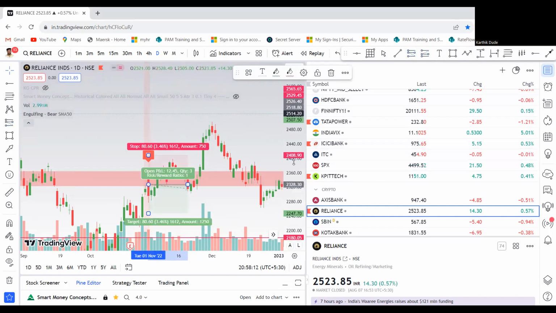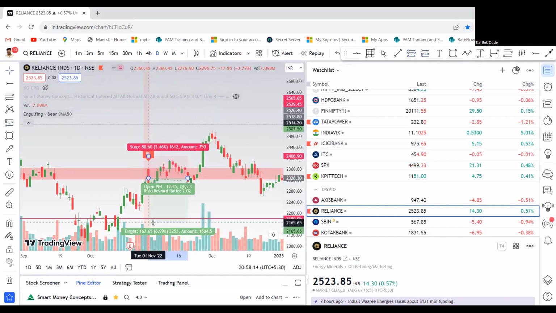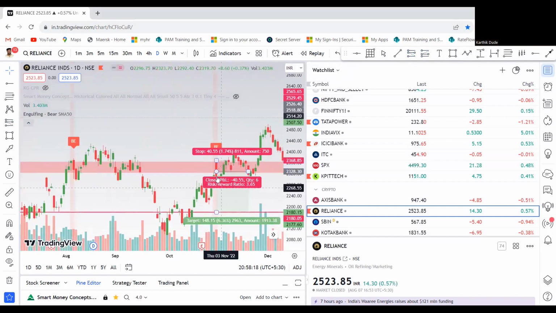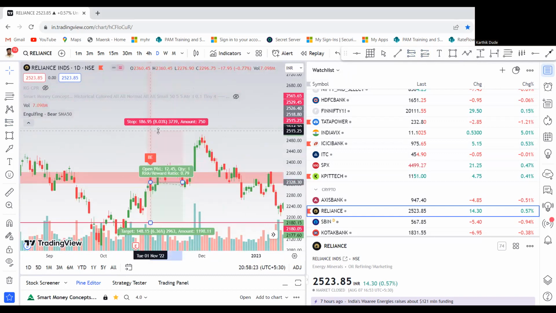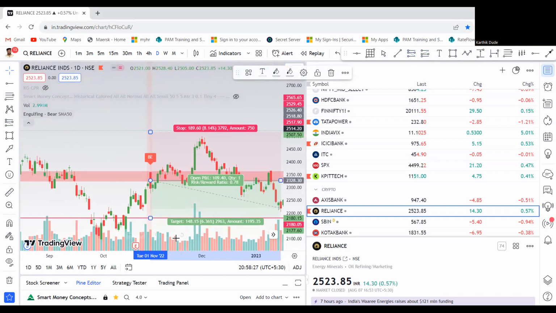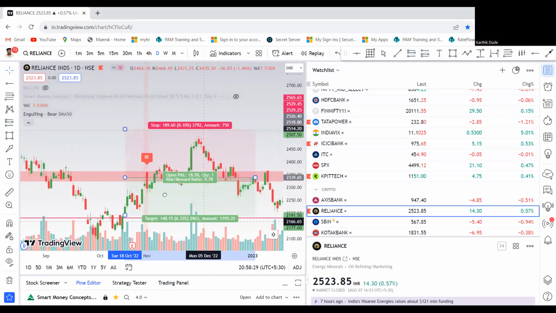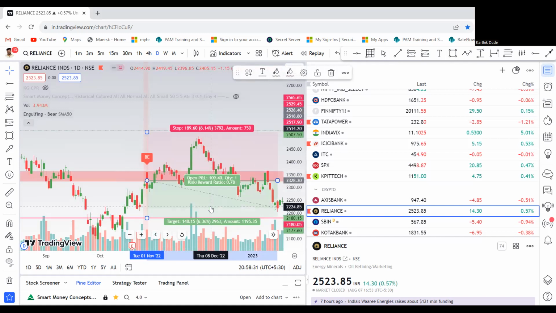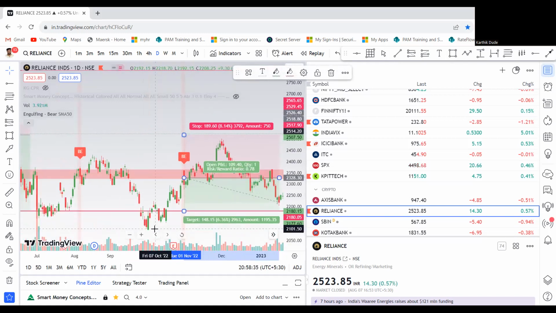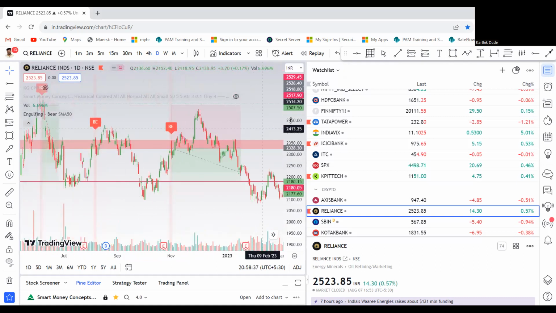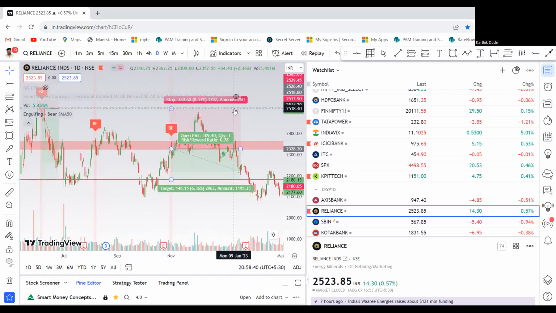I entered here hoping price will go down till here, and I keep my stop loss here. Let's say a person finds this engulfing candle and misses placing the stop loss. See what has happened. The price has gone up. You would have lost heavily before booking it. So that's the importance of stop loss. Even if you're following the candlestick pattern, it's always better to place the stop loss to limit your risk.